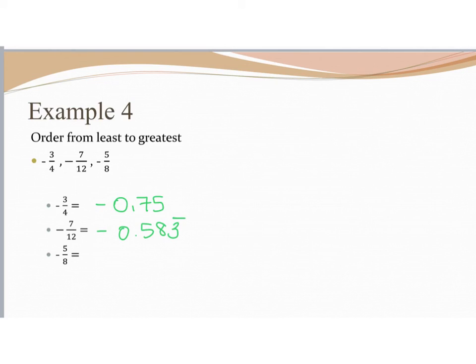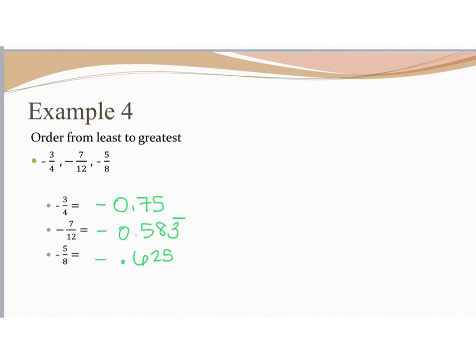And then the last one, negative 5/8, is really a negative 0.625. So if you were to plot these on a number line, okay, you could see which one is smallest. Or if you remember, when we're dealing with negative numbers, like all three of these are, the biggest value is really the smallest one when we're dealing with negative numbers.